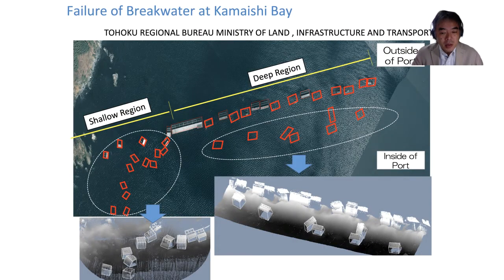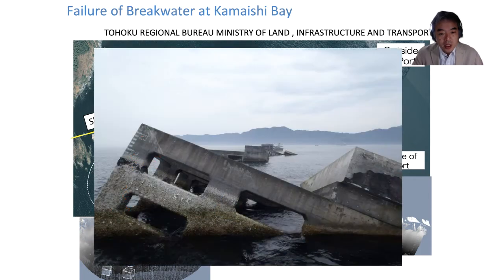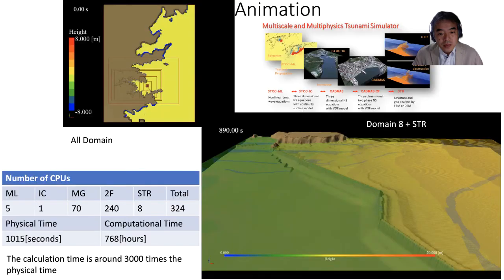The breakwater caissons were almost 30 meters high, 30 meters wide, and 30 meters long. But these breakwaters were washed away or tilted due to the tsunami.